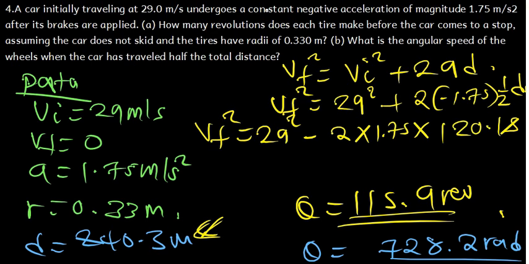120.15. Okay, so now v final squared is going to be equal to, what is 29 squared? Is 841. So this is going to be minus 2 times 1.75 times 120.15.